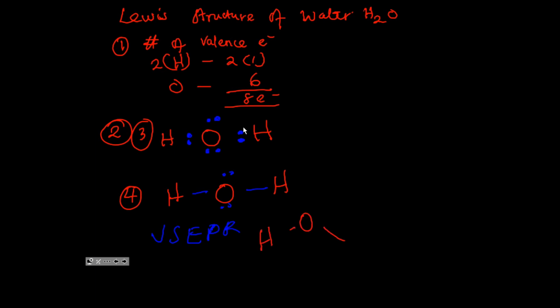It has to have a bent configuration because the 2 lone pairs repel. These 2 lone pairs repel the electrons in the bond, so it makes the water molecule have a bent structure, bent geometry.